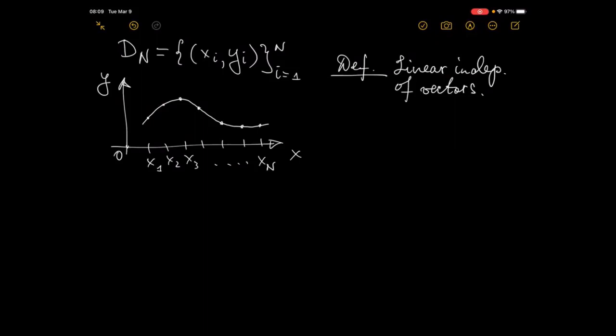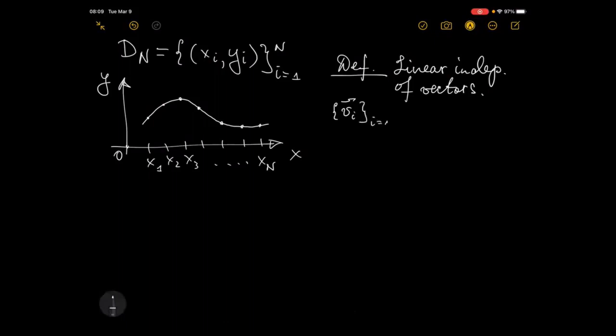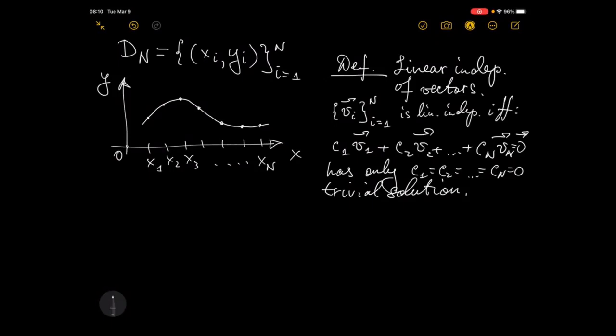The collection of vectors is linearly independent if and only if the following expression has only the trivial solution. Just a reminder.